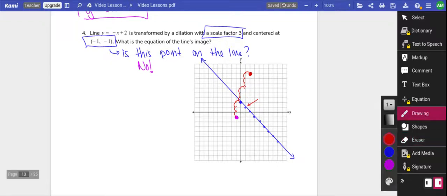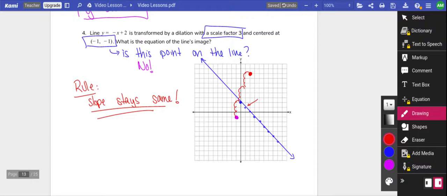We'll scale that point. Or we can, now that we have 1 point, based on our rule, the rule says that the slope stays the same. Anytime in a dilation, guys, the slope stays the same.